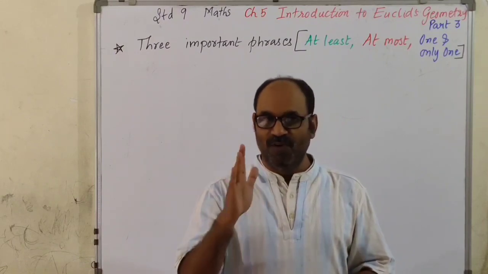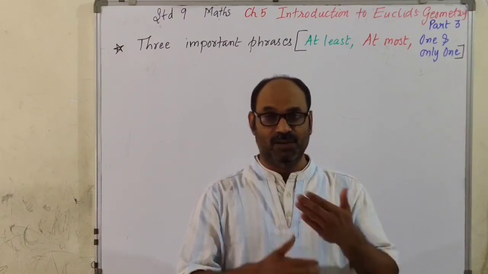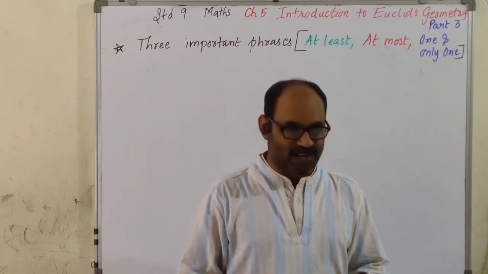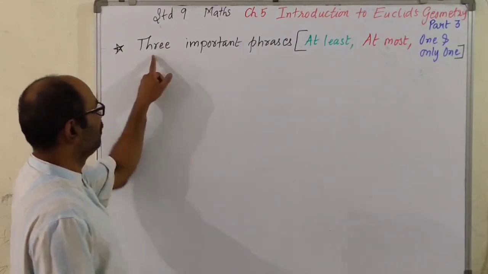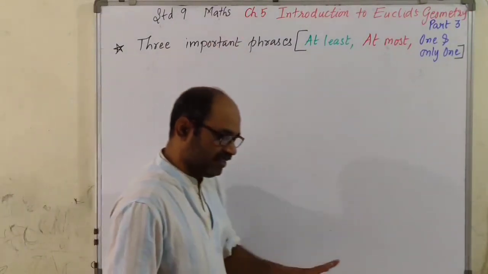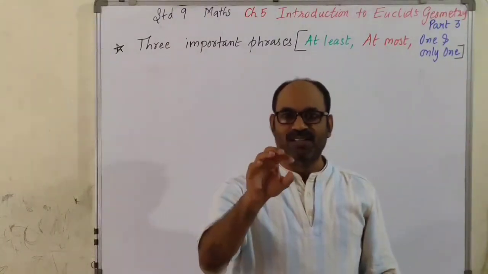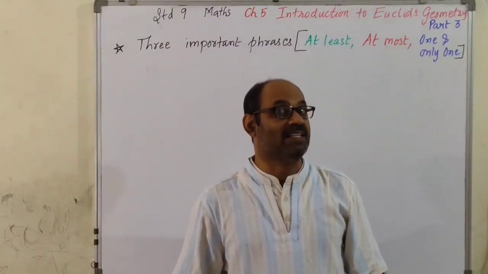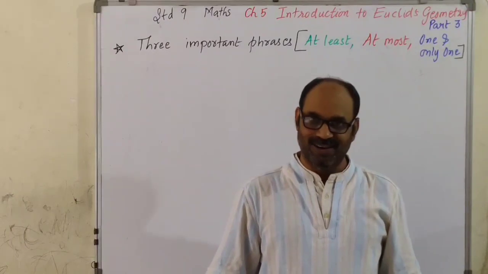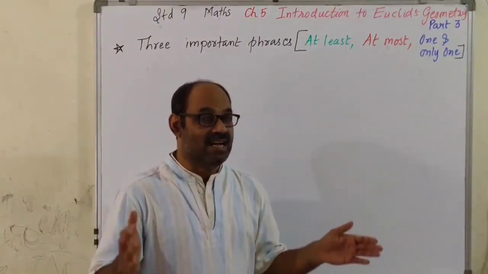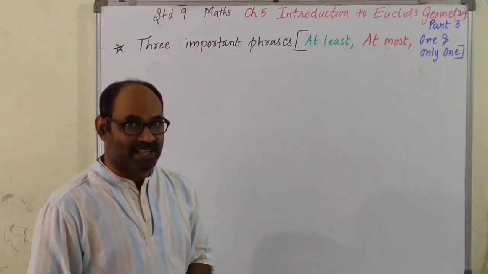Alright, but before we see theorems, we need to go through two concepts. The first one being three important phrases. Phrases are groups of words which do not make complete sense on their own. The three phrases are very frequently used in mathematics.